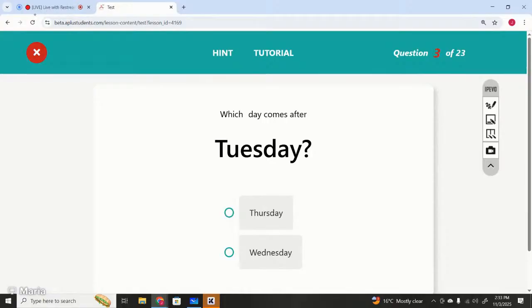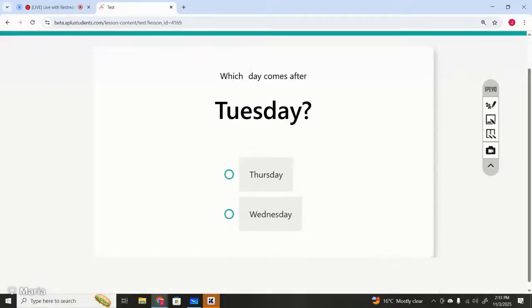Which day comes after Tuesday? After Tuesday it is Wednesday. Option number 2 is the correct option.